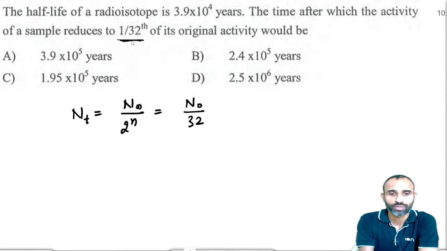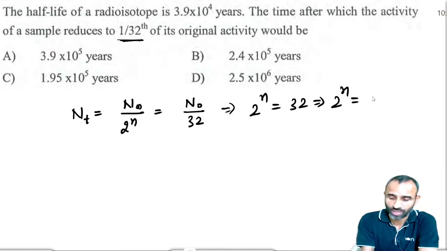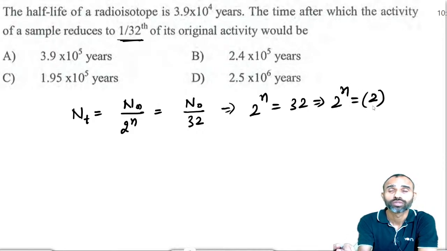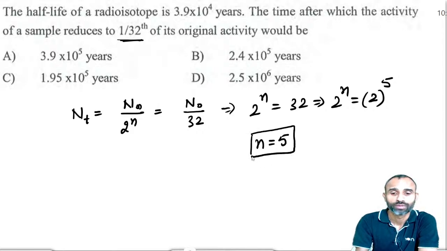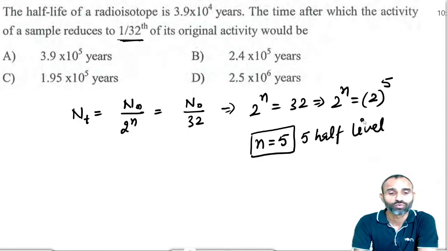So 2 raised to power n equals 32, that implies 2 raised to power n equals 2 raised to power 5. N is equal to 5, that is 5 half-lives.